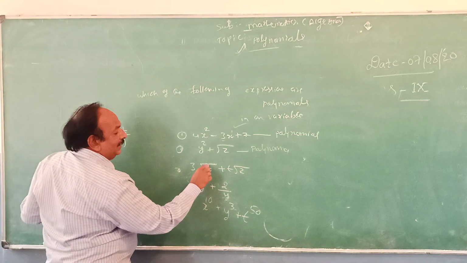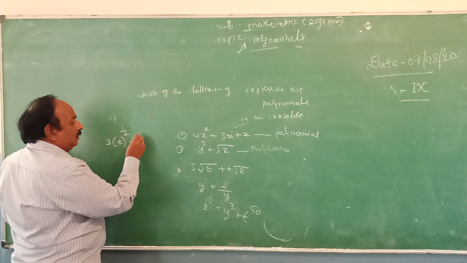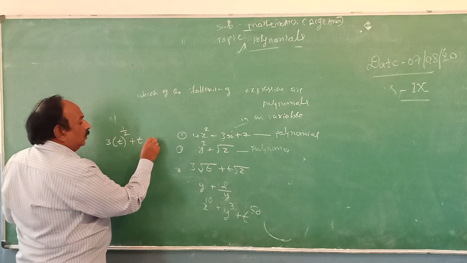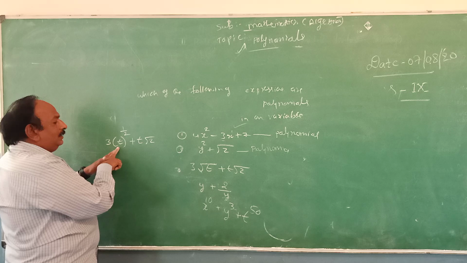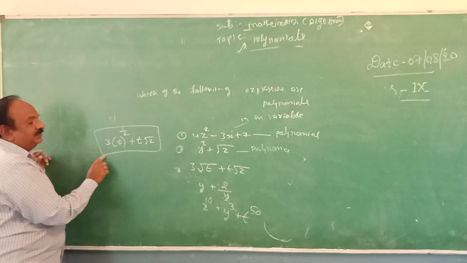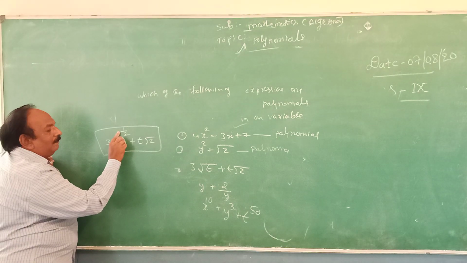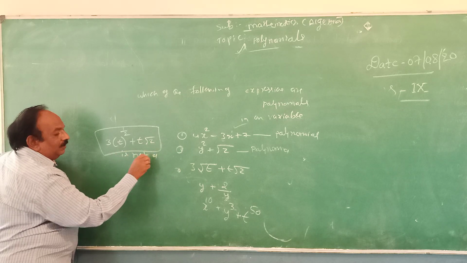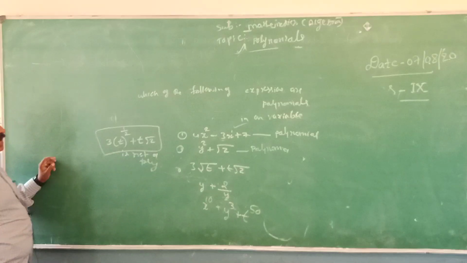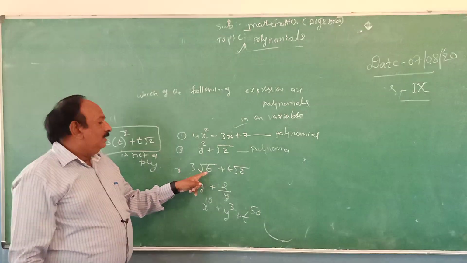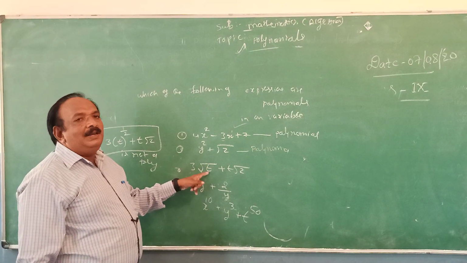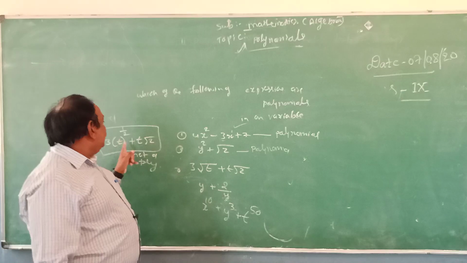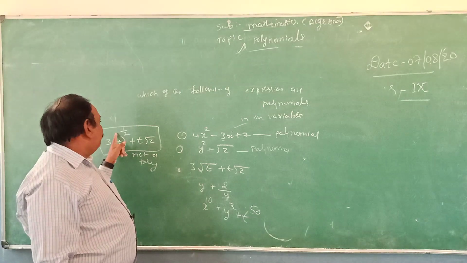Root t can be written as t to the power of 1 by 2. Then t into root 2. But the whole expression, 3t to the power of 1 by 2 plus t root 2, is not a polynomial because the variable exponent is not a whole number.